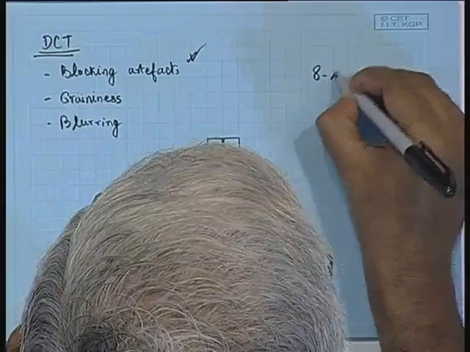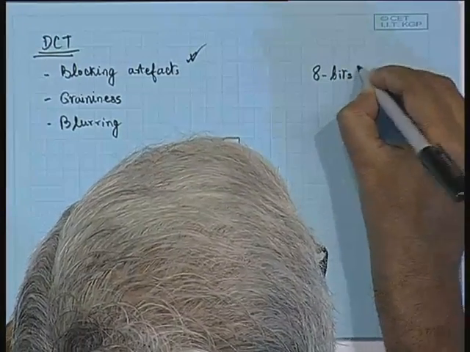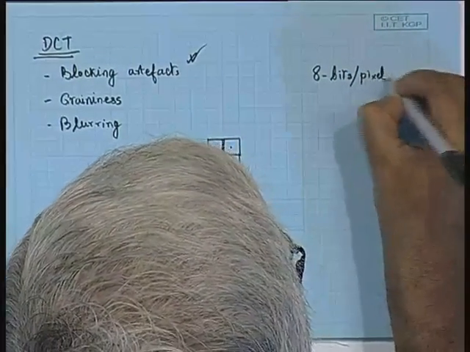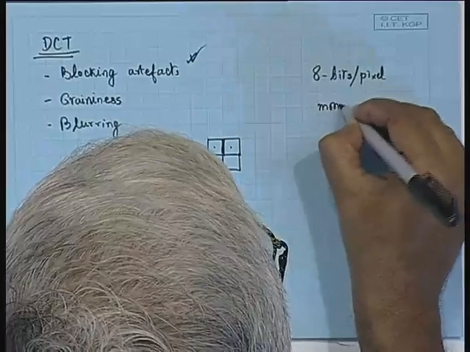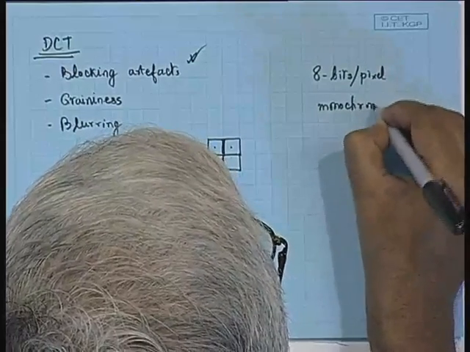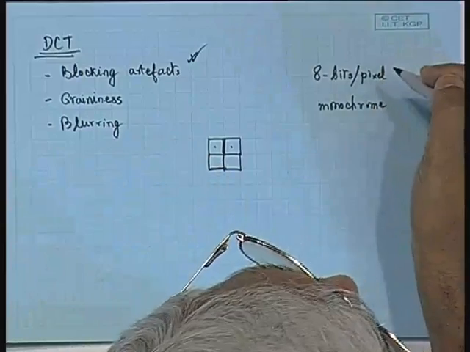Just to tell you what kind of figures people normally have as the compression efficiency achievable in the DCTs. A black and white image, or monochrome image, is represented by 8 bits per pixel.